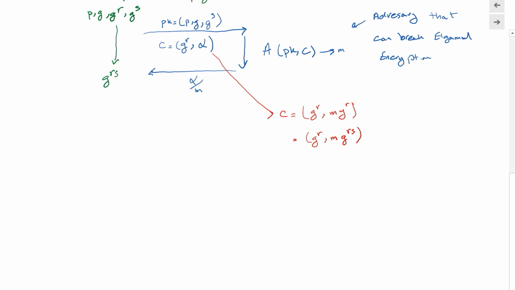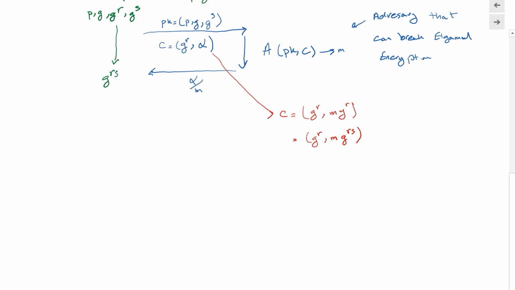So the thing here is that we said that this alpha, if we choose it to be some random element from Z_p, and if this adversary can break the system and recover the m correctly, then the remaining value, because this has to be a valid ciphertext, has to be g to the power rs.